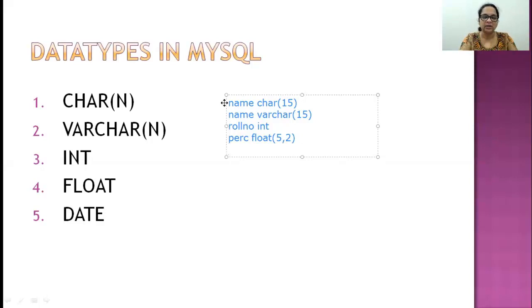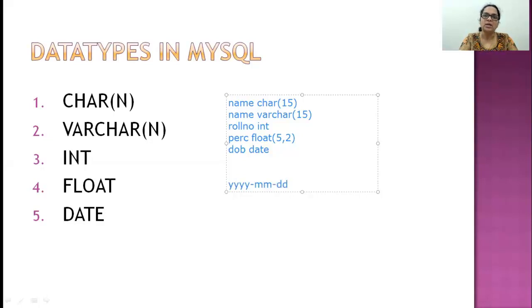Then coming to the data type called date. Suppose I'm storing the date of birth and I write date of birth date. Now date doesn't have anything in brackets because you cannot say I want a 4-digit date or a 7-digit date, because date has a format. The format followed by MySQL by default is YYYY hyphen MM hyphen DD.